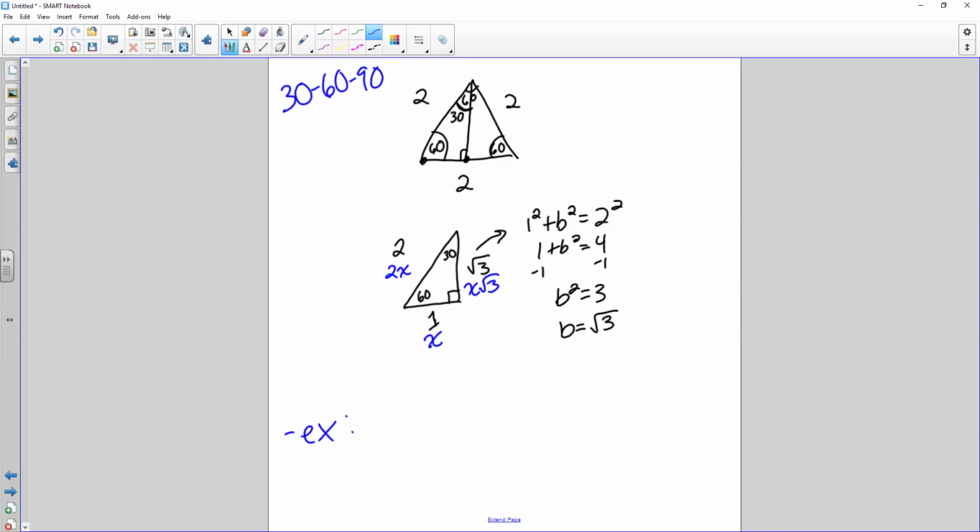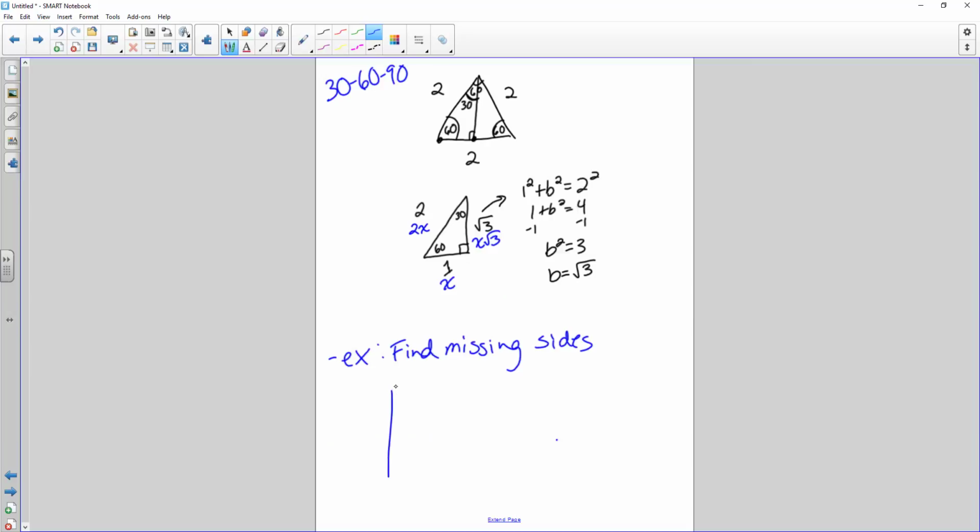So let's do an example of using this. Let's say I want to find the missing sides of this triangle I'm going to draw.